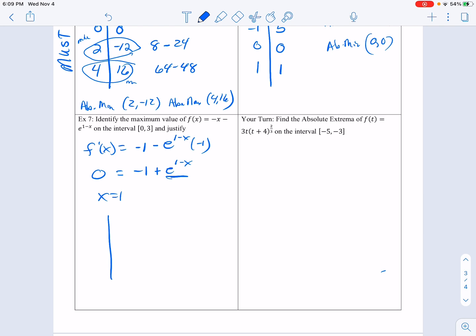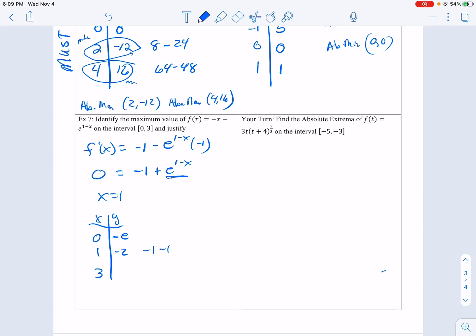And then your chart, x, y, 0, 1, 3. If you plug in 0, e to the first is e, so you get negative e. If you plug in 1, you get negative 1 minus 1 is negative 2.